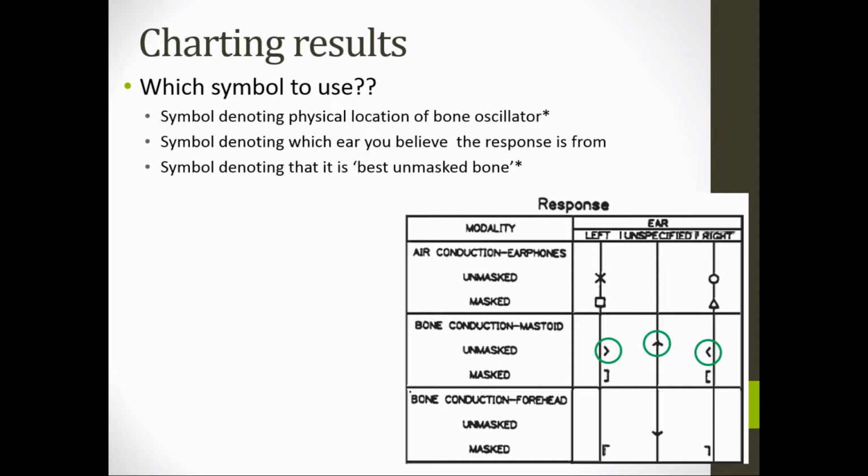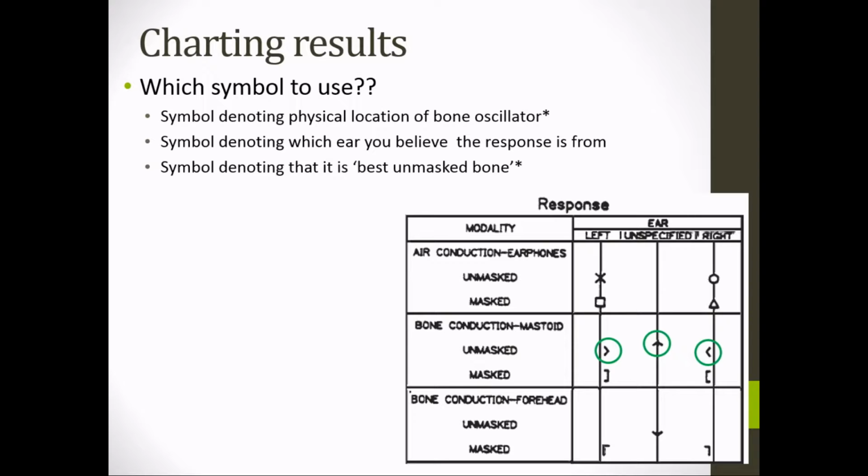Less commonly, and this I do not endorse at all, some people use a symbol denoting which ear they believe the response is from. But that is subject to interpretation and is probably the least accurate.